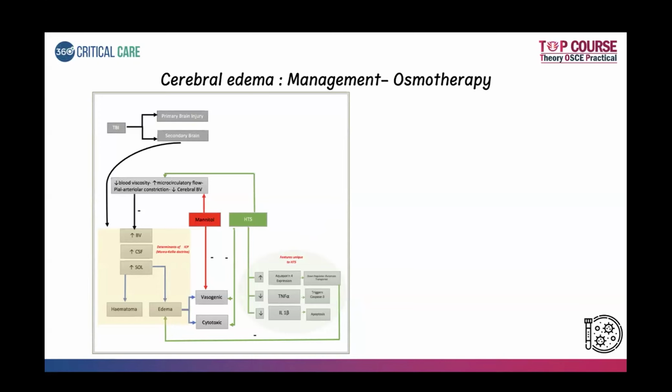What it has shown is mannitol works to reduce the vasogenic edema, and also it reduces the blood viscosity, thereby increasing the microcirculatory flow through the pial arterial constriction, thereby decreasing the cerebral blood flow. So mannitol can directly cause improved blood supply to the smaller arterioles by decreasing the blood viscosity.